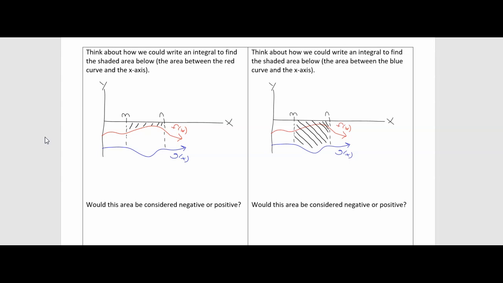When we are finding the area between two curves, though, our answer should always be positive, right? So when you think about this, think about whether the answer you get here would be positive or negative. If your answer is negative, you may have messed something up in what your integral equation would be.